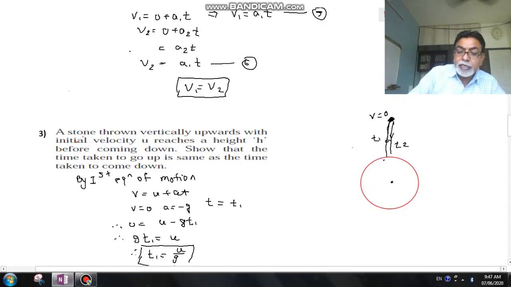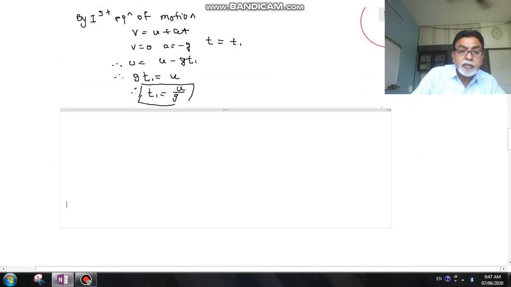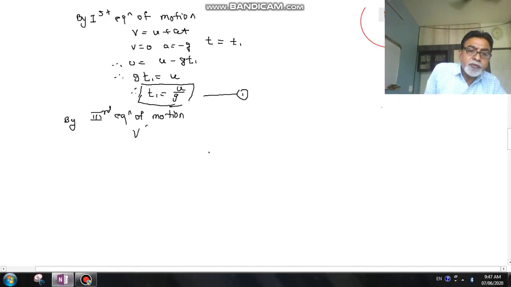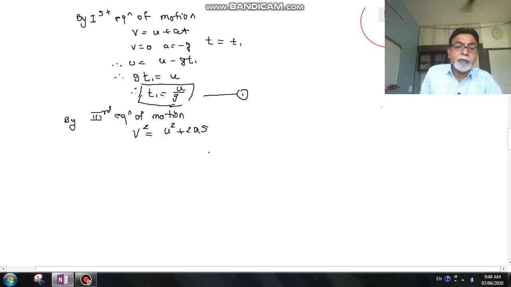Note this, we will require this, equation number 1. Now by the third equation of motion. Why are we using the third equation? What is the third equation of motion? v square is equal to u square plus twice as. Using this equation, we'll calculate the height attained or distance covered by the object.